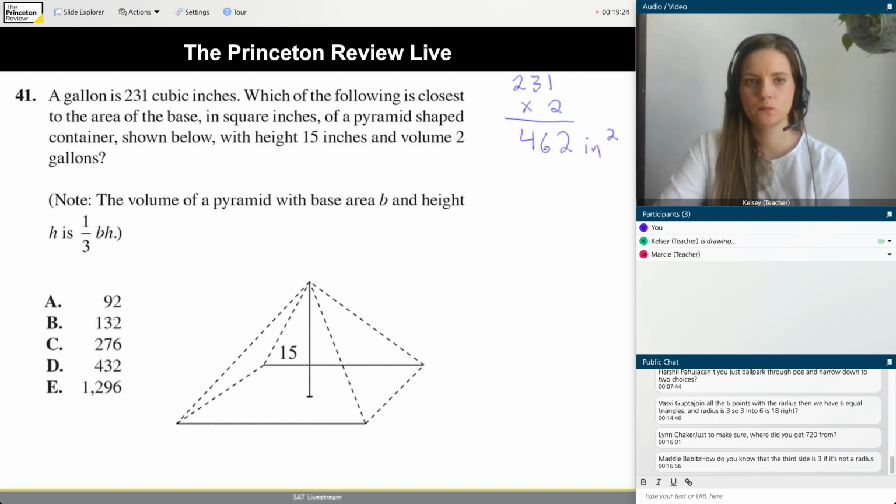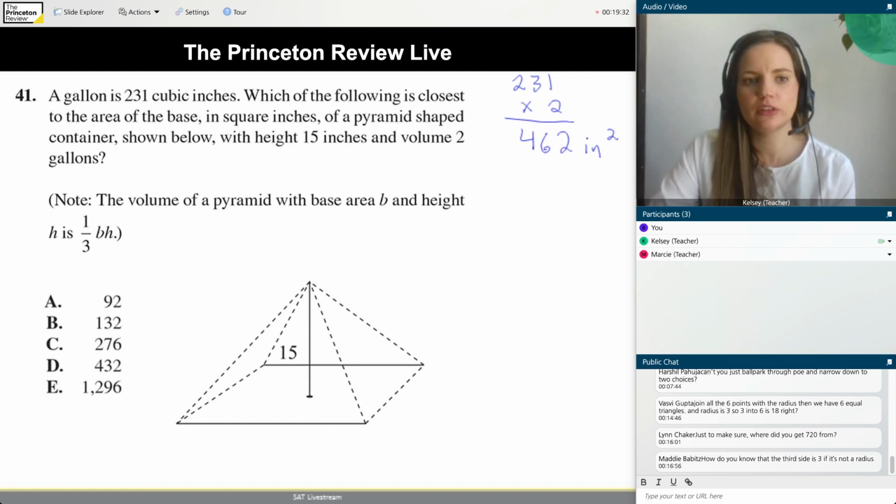Cool. Now we've got to get into a little bit more of the weeds here, but let's just write down that formula. This is my favorite way to get started on a question that doesn't seem obvious, is just to write down the formula without plugging anything into it. So it tells us that the volume of a pyramid is going to be equal to 1/3 base times height.